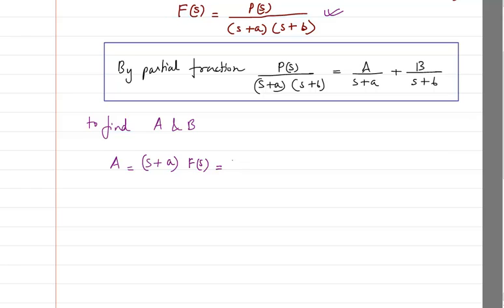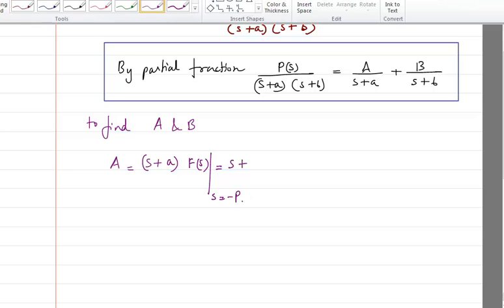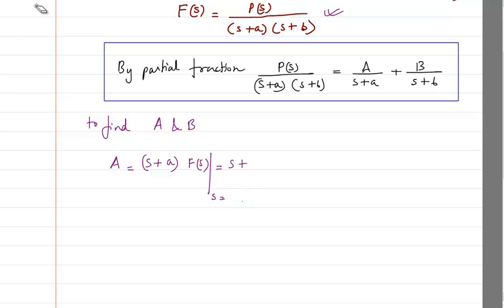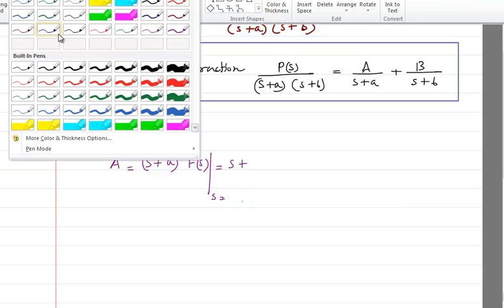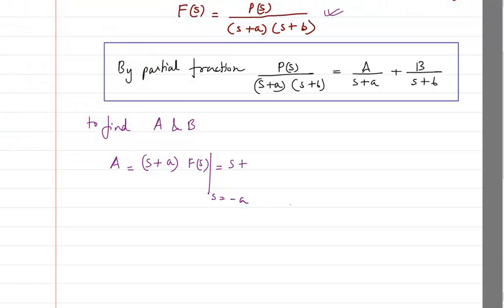Now what is F(s)? So again I will write it here, and then substitute the value s equal to minus a. Why minus a? Because s plus a is equal to 0, therefore the value of s is equal to minus a. That is what I have written here.